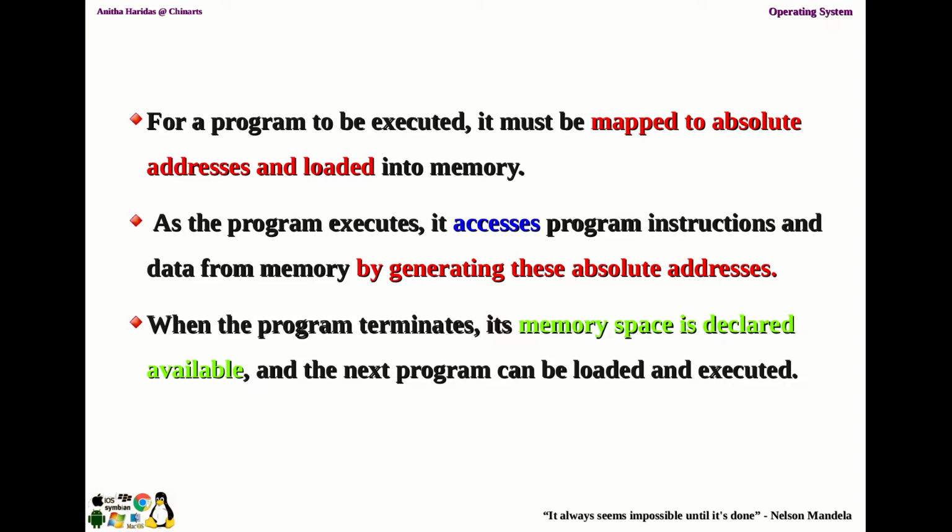Once the program gets terminated, obviously the memory space has to be reclaimed. How does it reclaim? The memory space will be declared as free available memory, so that the next program can be loaded and executed in that particular memory location.